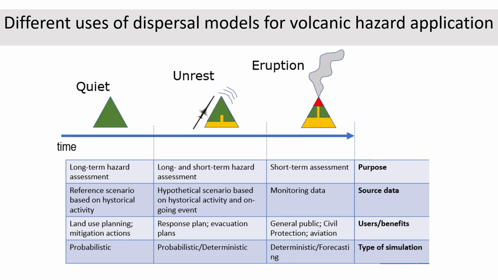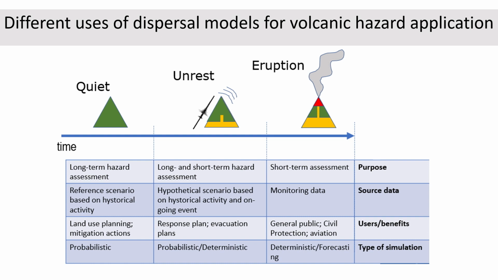And in this sense, we might start to use forecasting data in order to provide an anticipation of what might be happening if an eruption starts. And the last step, of course, is in case of an eruption when the volcano is already emitting ash in the atmosphere. Then there will be whole new bunches of information, as we already see, what we call the eruption source parameters, likely and possibly estimated from satellite observation.